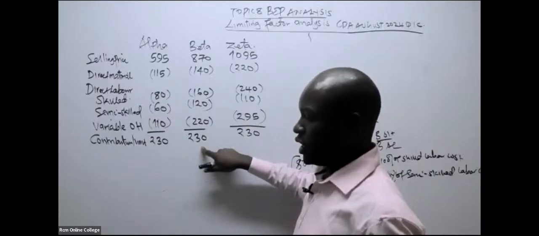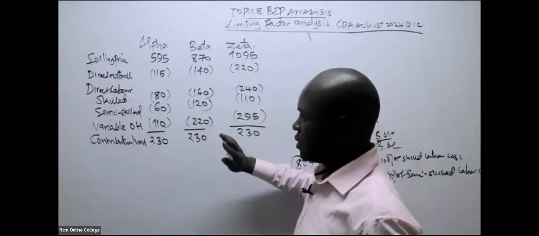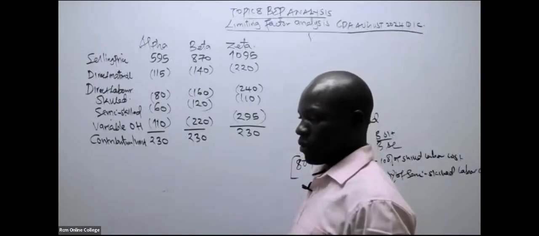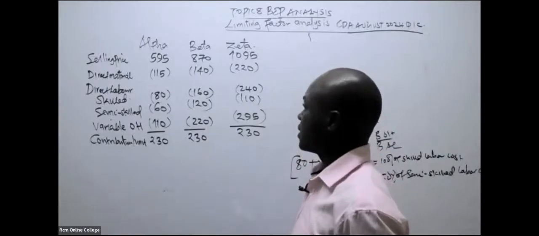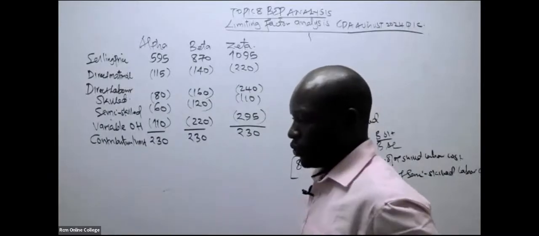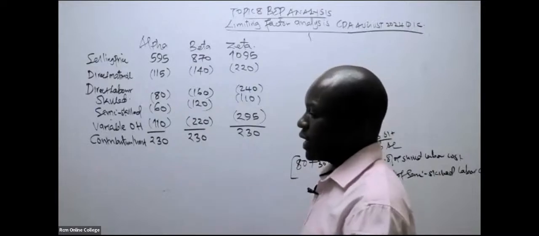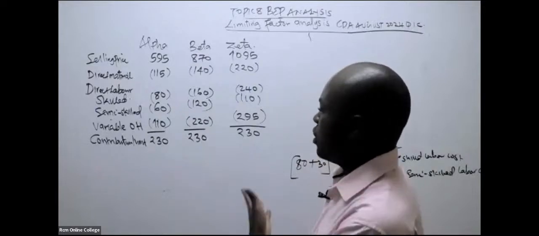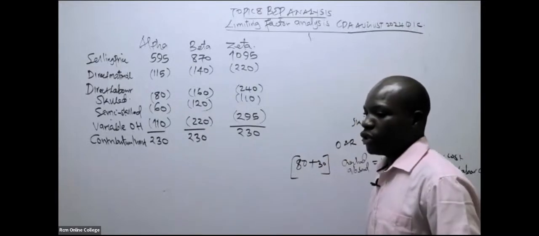Grace, confirm that. Someone is getting 710. Anyway, let's leave it at 230. Good. So if you are to select the most profitable product, which one will you go for?